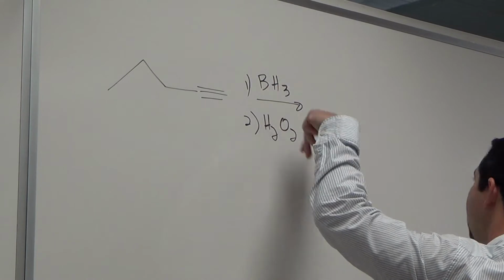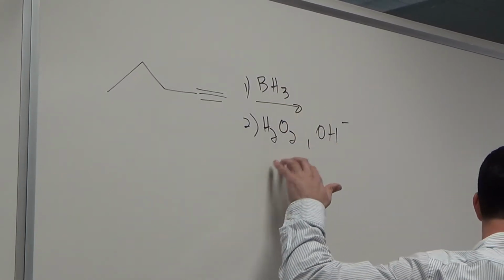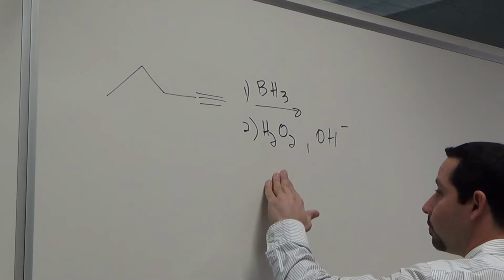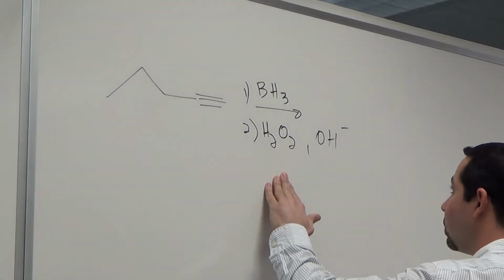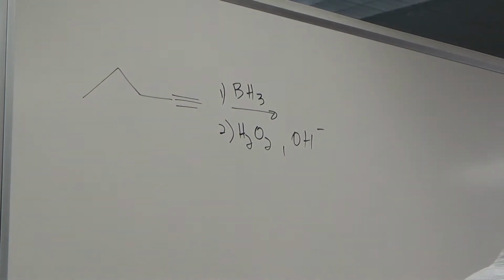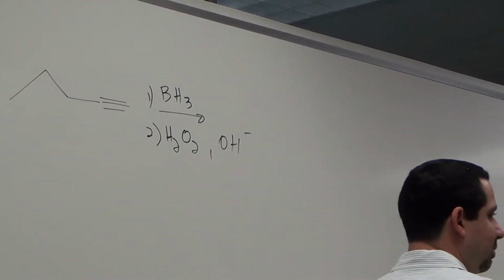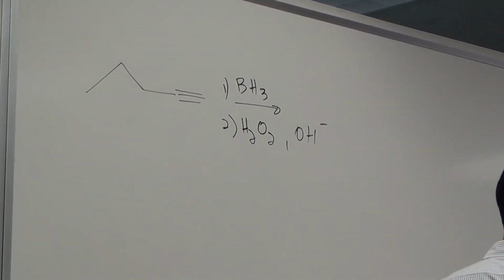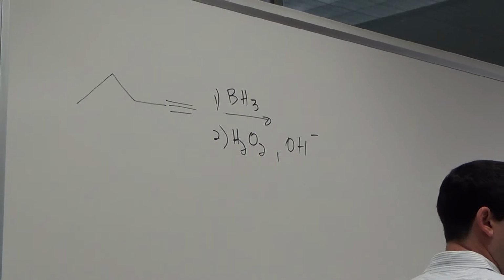What is this for? What type of reaction is this? Hydroboration, oxidation? And what does it give you? Oh, sorry, I'm on the wrong one. An alcohol. I'm sorry, I was looking at the wrong one.